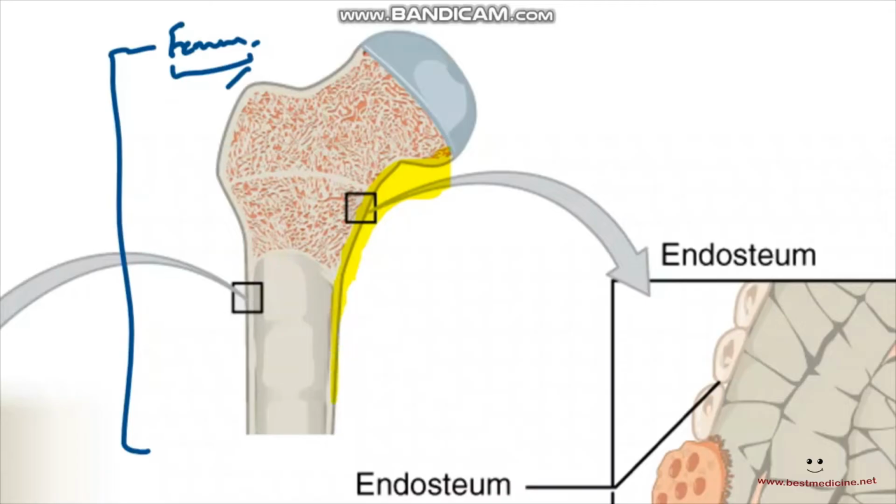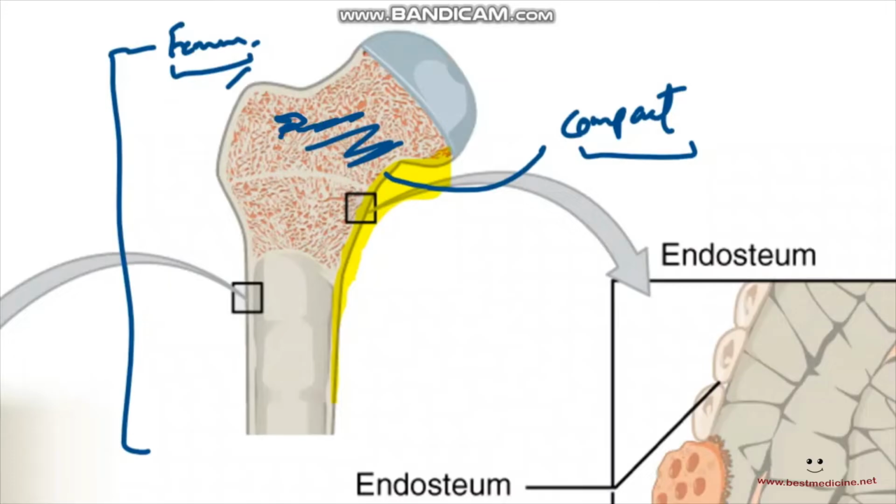It's a very compact bone, and the name is the same. It's called the compact bone, okay? It's very hard, without any gaps between it. It's very compact in shape, and it's called a compact bone. While the one in the middle, you see here, it's called the spongy bone.